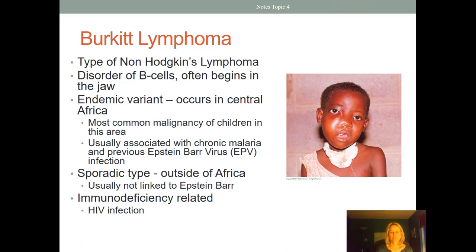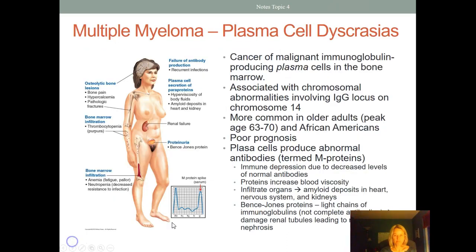And it's usually associated with chronic malaria and previous exposure to Epstein-Barr virus. The sporadic type occurs outside of Africa and is usually not linked to Epstein-Barr. And then there's one that's immunodeficiency related, and this occurs often in HIV infection.